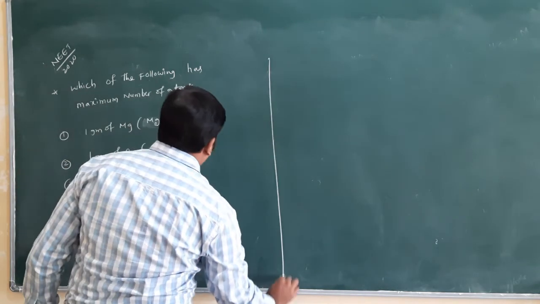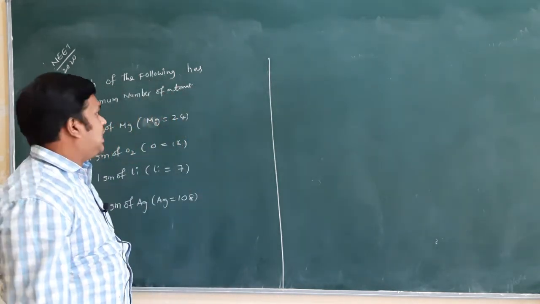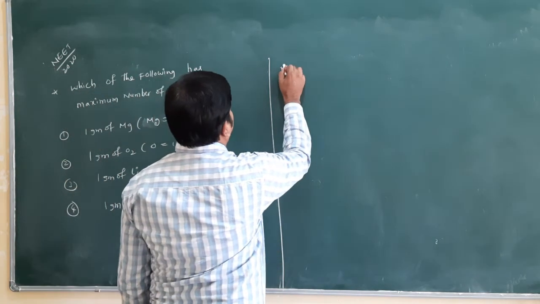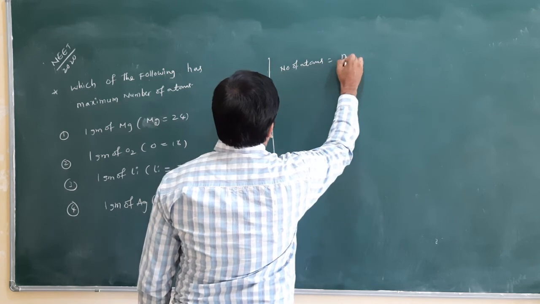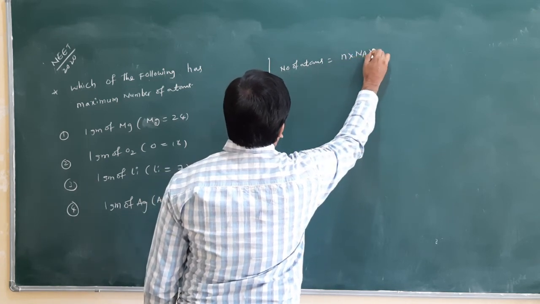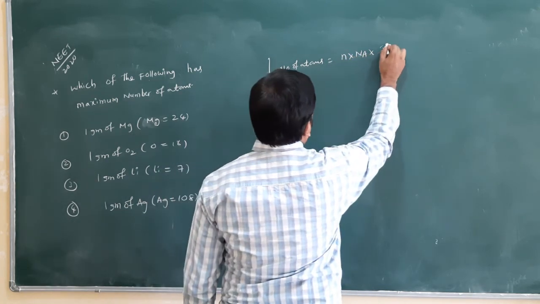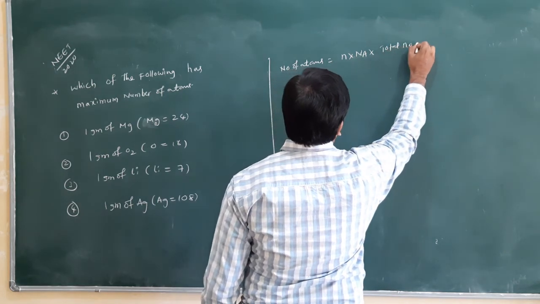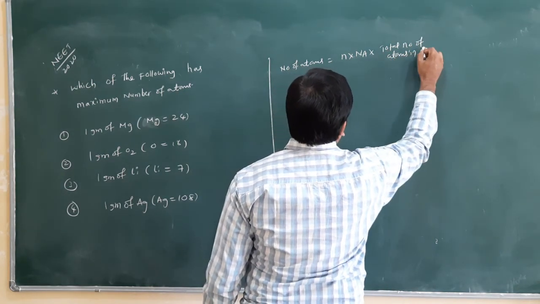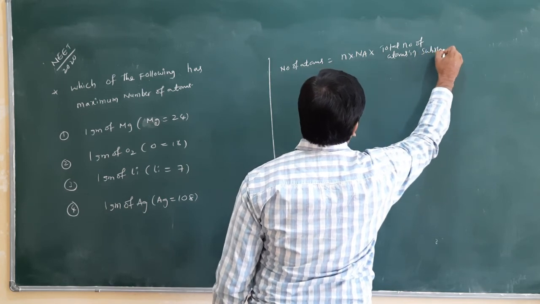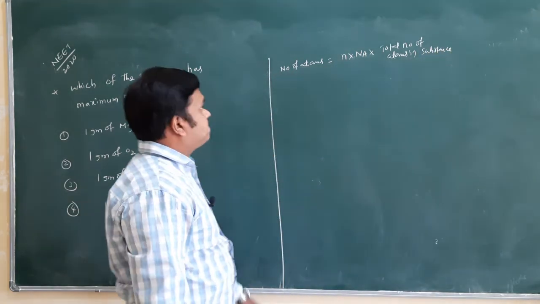So how can you find out the number of atoms? We know one formula: number of atoms is equal to number of moles into Avogadro number into total number of atoms in a substance or compound.